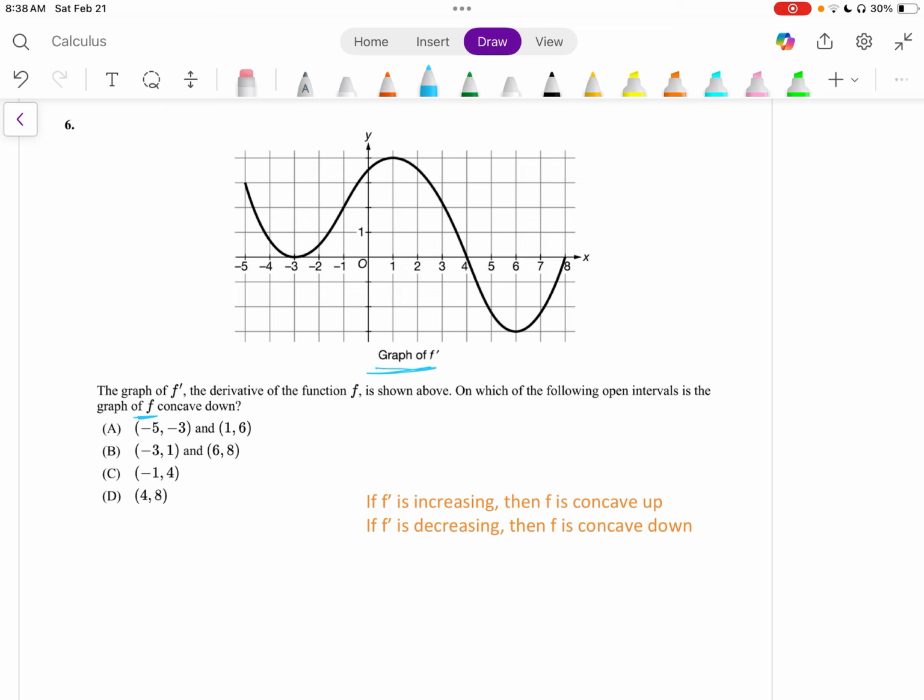So let's just take our marker here, and we're not concerned with increasing or concave up. We're just talking about concave down. So we want to find when the graph is decreasing. It's decreasing from x is negative 5 to negative 3, and it's decreasing from x is 1 to x is 6. So looks like that's going to be A.